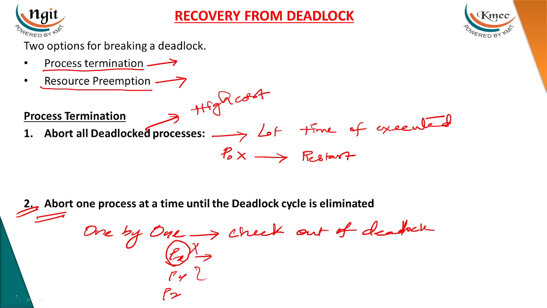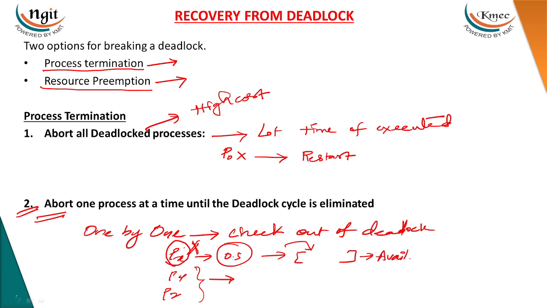Then check using the same deadlock detection algorithm. If you terminate px, all the resources of px are taken back by the operating system and added to the list of available resources.